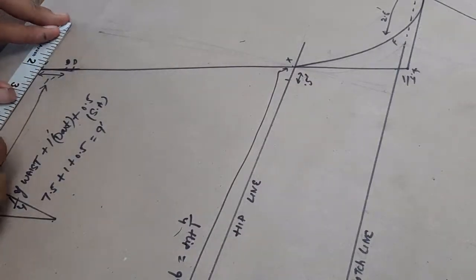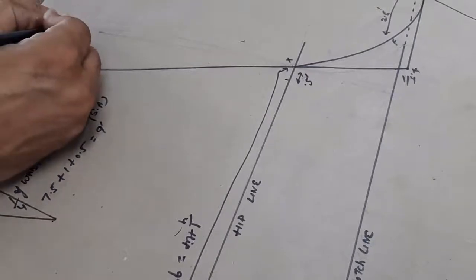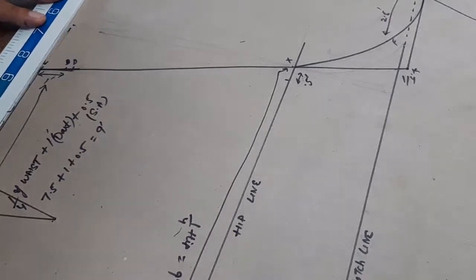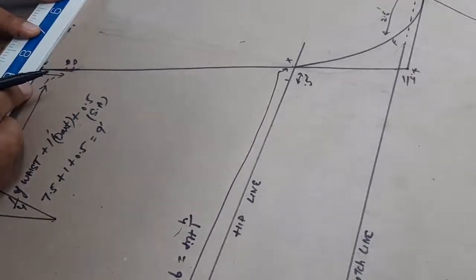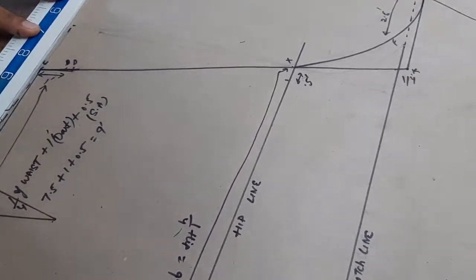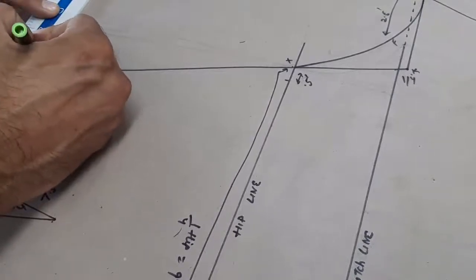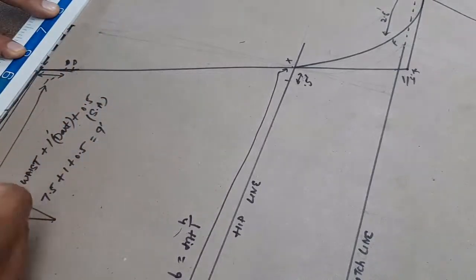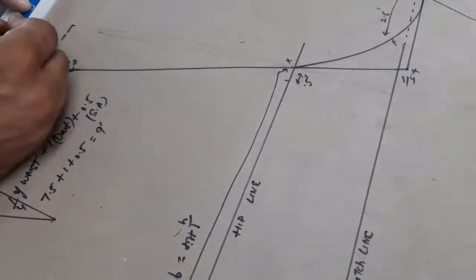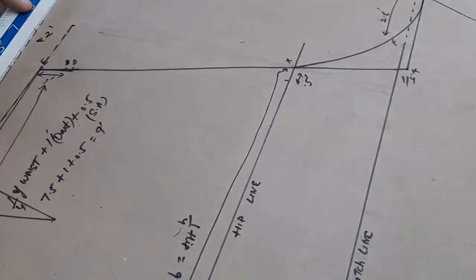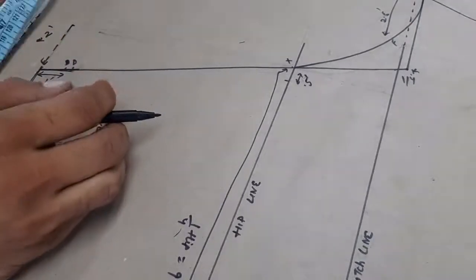Just make a point here and make a segment from here till this point. So just like 2 inches we are taking here as extra allowance.